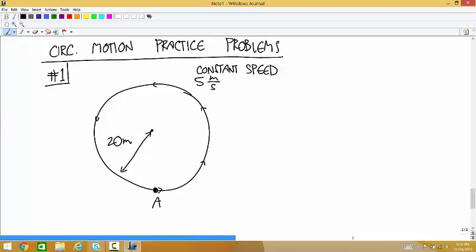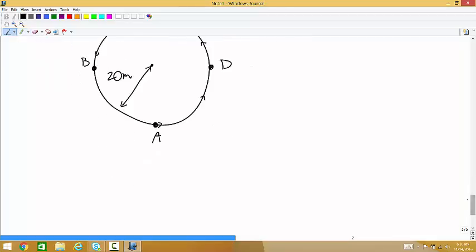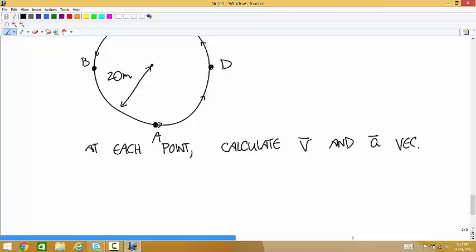At the bottom is the point A. Then at the left is point B. The top is point C. And the right is point D. For each one of those, we want to calculate the velocity and acceleration vectors.